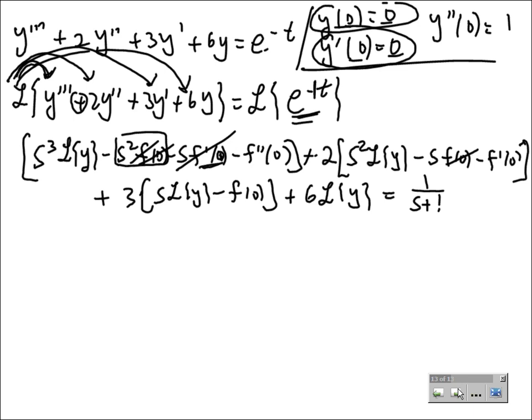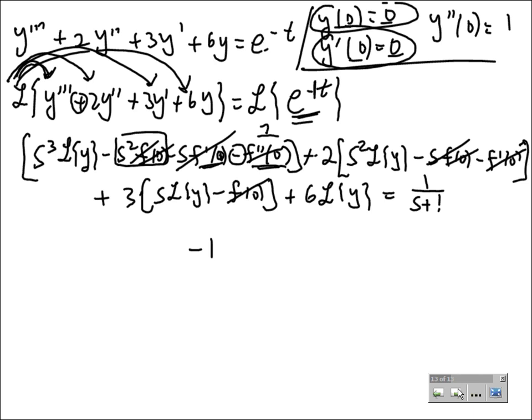This is 0, which means the whole term is 0. And f double prime of 0 is 1. So let's not forget to take away 1 at the end. Actually, let me write down the f of 1, and that's also 0.